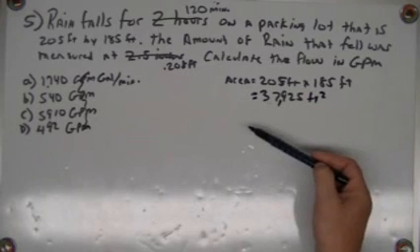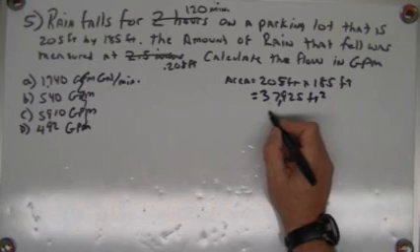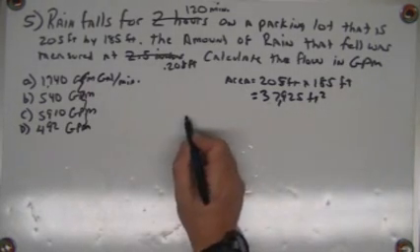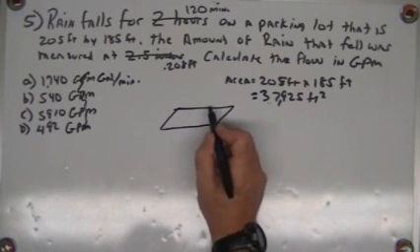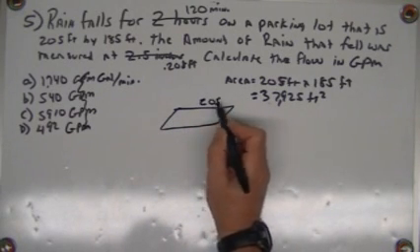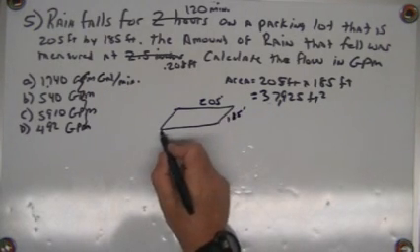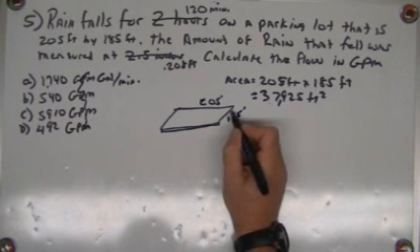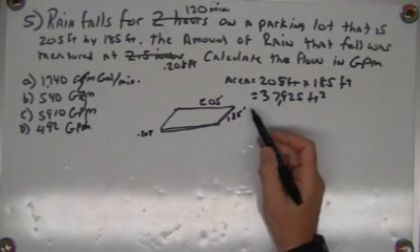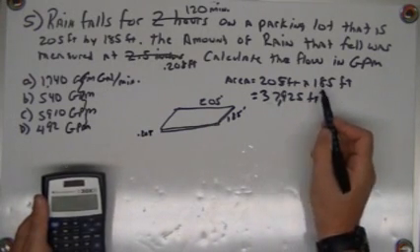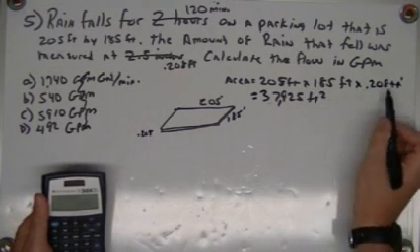And we need the volume, so we need a depth. Because it's length times width times height, I'm going to draw my parking lot. It's a big square parking lot, and it's going to be 205 by 185 feet, and then I'm going to have a depth. It's not going to be much, it's going to be 0.208. So I really should have taken that 205 times 185 and gone times 0.208 feet to give me feet cubed.